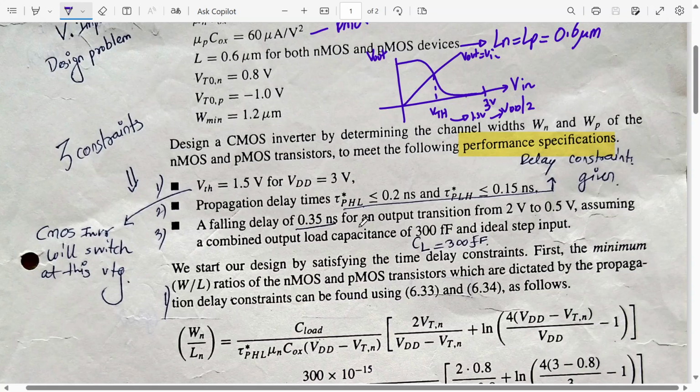So a fall time is given, and we have to also have a look at it. Then the C load capacitance value is given to you as 300 femtofarad.